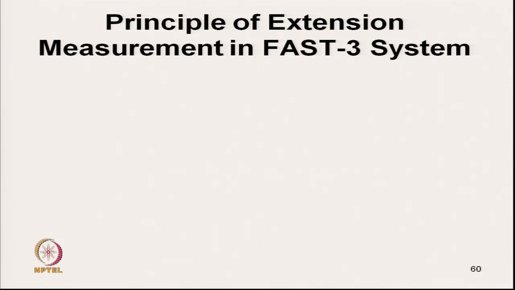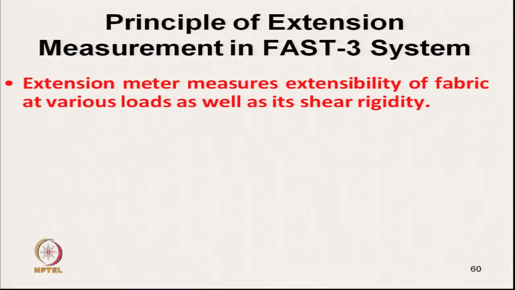FAST 3 is an extension meter, which measures the extensibility of fabric at different load conditions. In addition to the extensibility, it also measures the shear rigidity by biased extension.